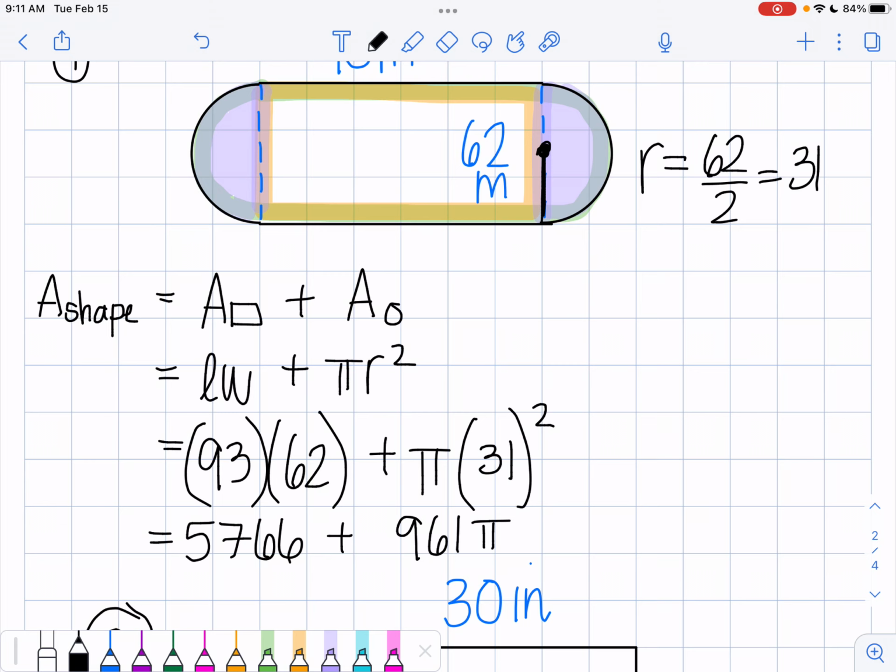Now this would be meters squared. This would be my exact answer. But that doesn't really mean much to me. I want to really know how big that really is. So I'm going to multiply the pi through. So this gives me 961 times pi.